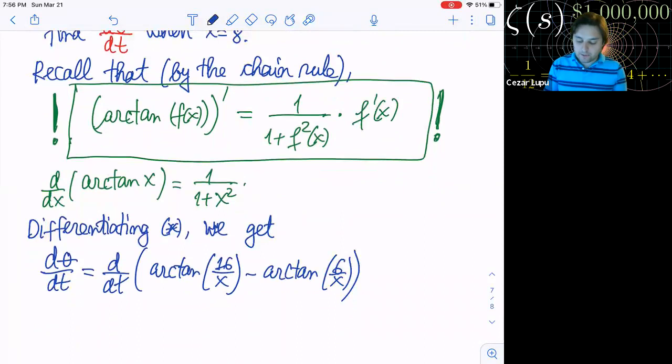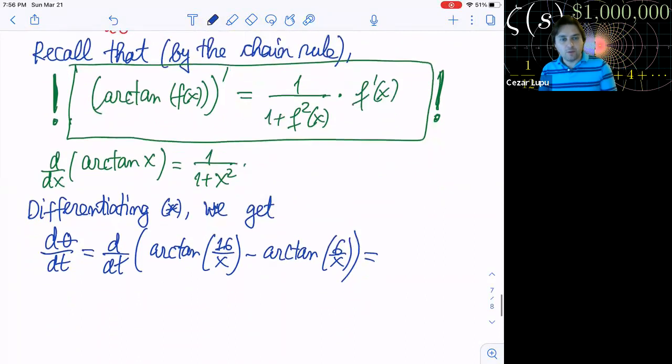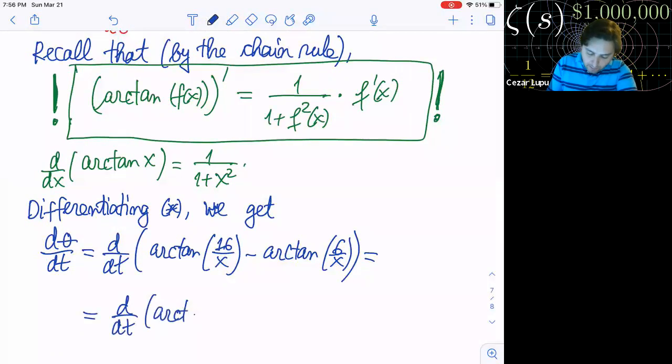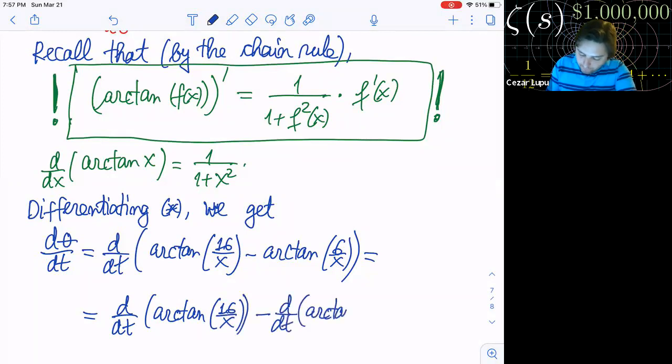Now let's take care of the right hand side. This would be equal to d over dt of arctangent of 16 over x minus d over dt of arctangent of 6 over x.